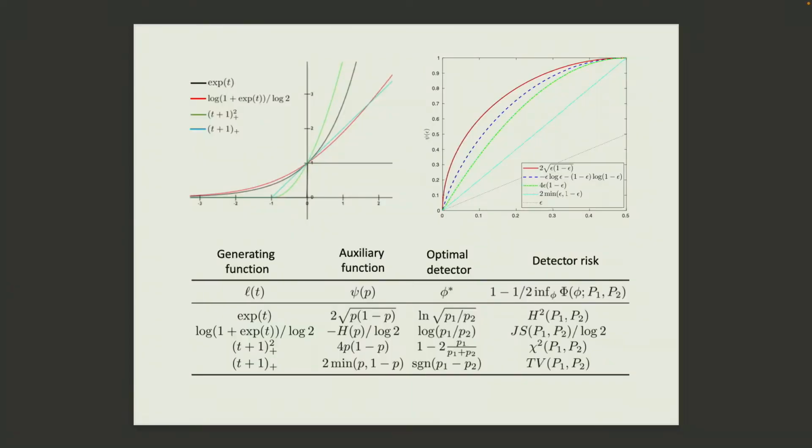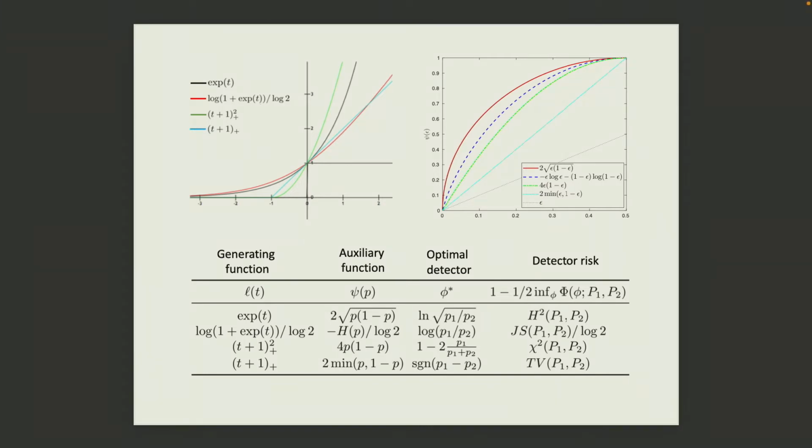Okay, and because we have extended this to convex upper bounds, we also find that, interestingly, for different convex relaxation, there are different optimal forms of detector. For the exponential, it gave rise to Neyman-Pearson. For logistic, it's also the log-likelihood ratio. But for hinge loss, this becomes the sign of P1 minus P2. So instead of taking the ratio, we look at the likelihood of the two and compare them.